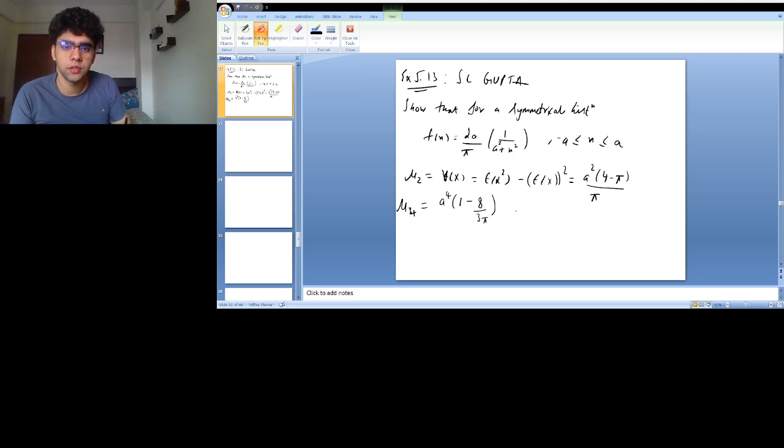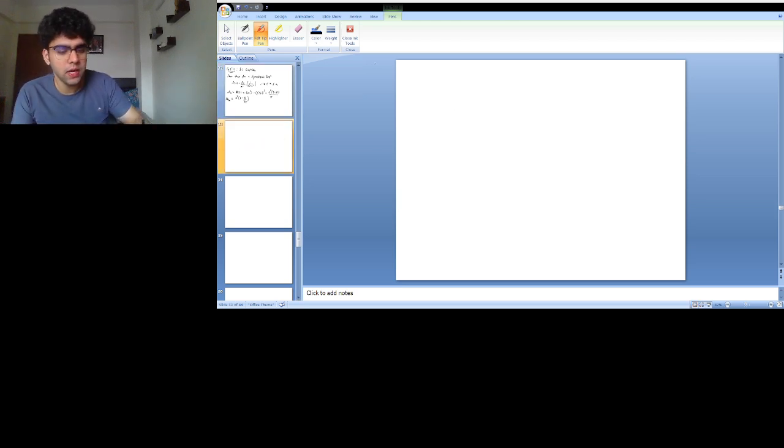Now let's first check if this PDF is a valid PDF. It's a good practice. We can jump straight into it, but it's good to check whether it's a valid PDF or not. For that, we know that the integral of f(x) dx over the given limits should be equal to 1.